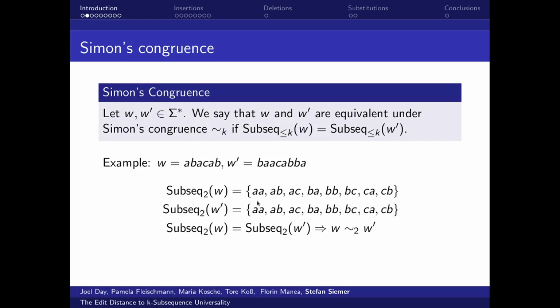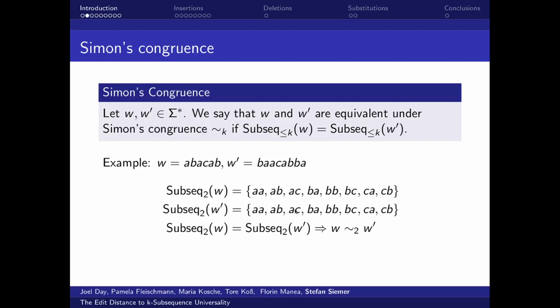Further we can say that these are not three Simon congruent, because as we can see in W prime we have the subsequence BBB, and we don't have that in W, so there is at least one subsequence distinguishing these two words.